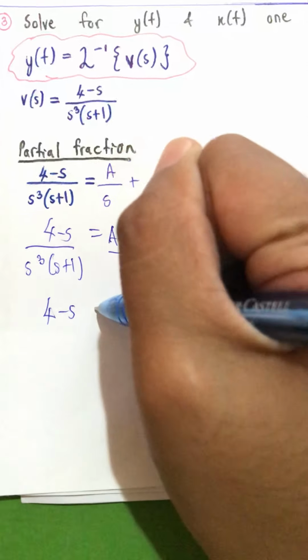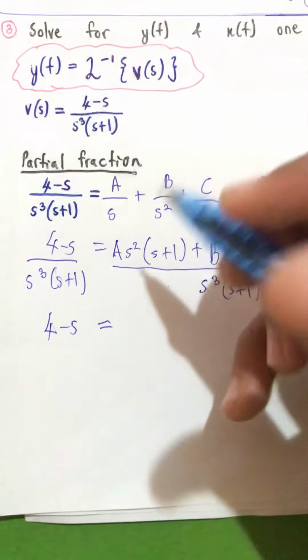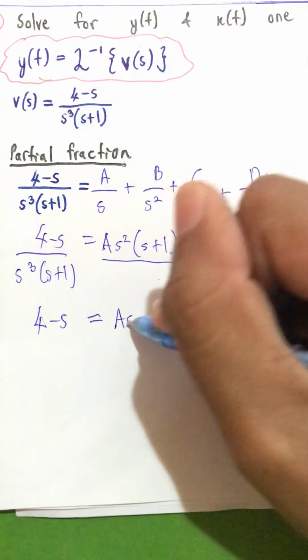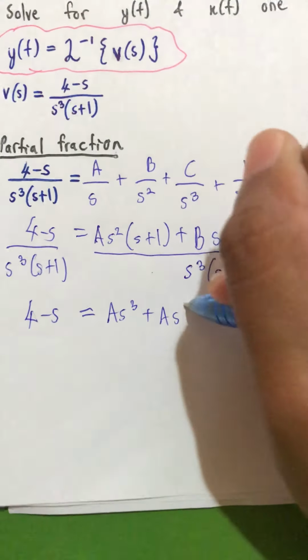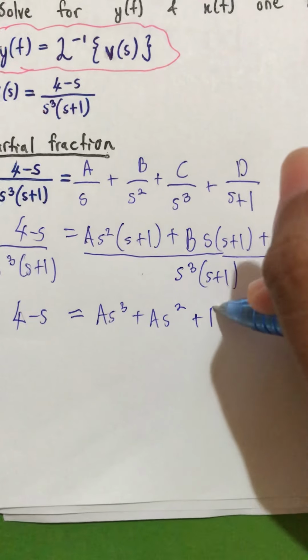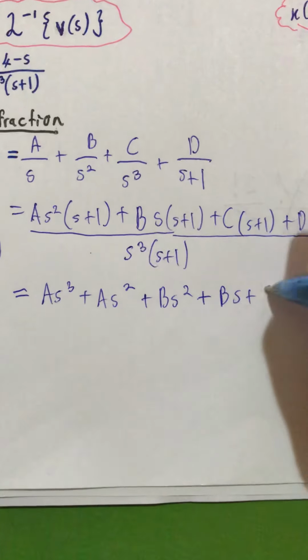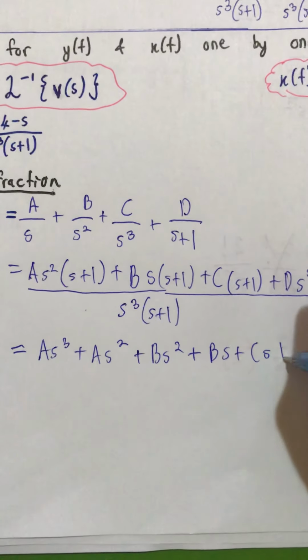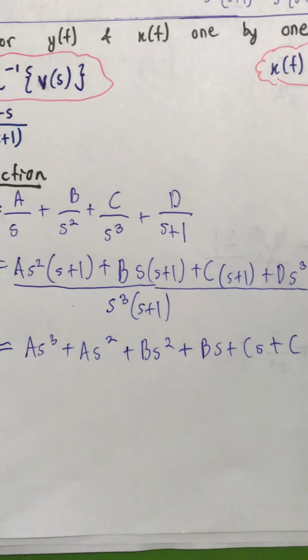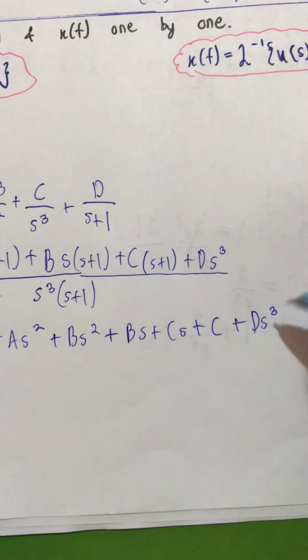4 minus s equal to, we get A s cubed plus A s squared plus B s squared plus Bs plus Cs plus C plus D s cubed.